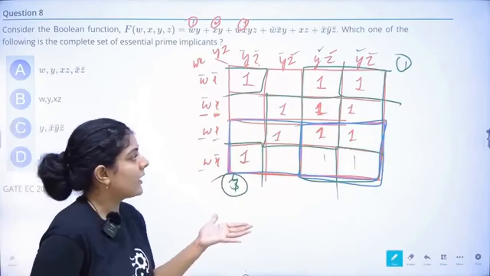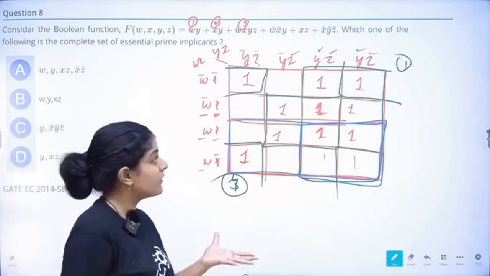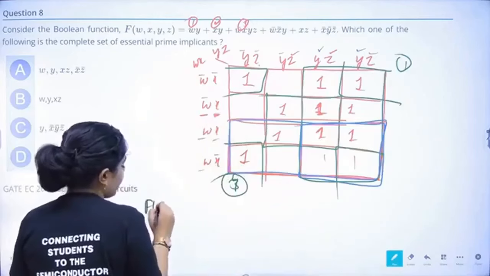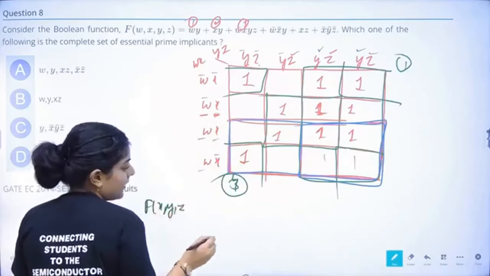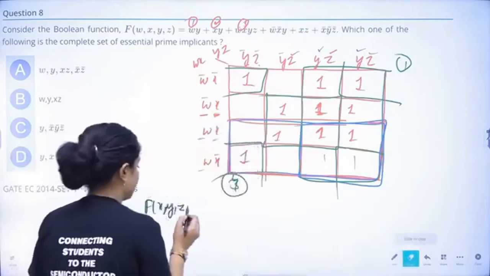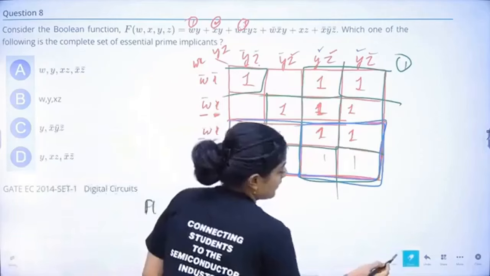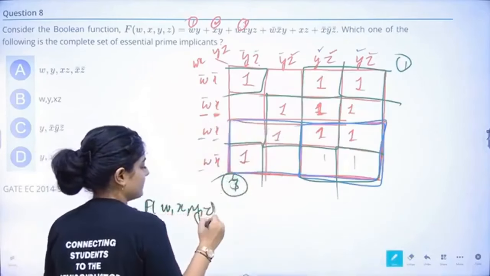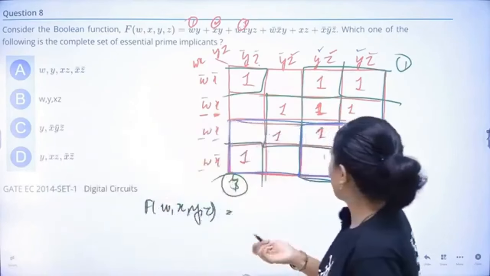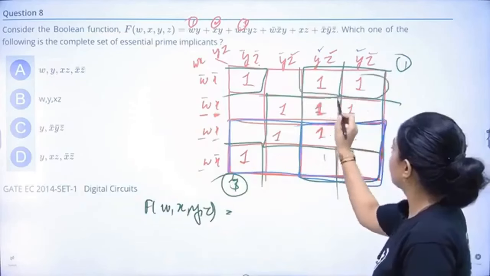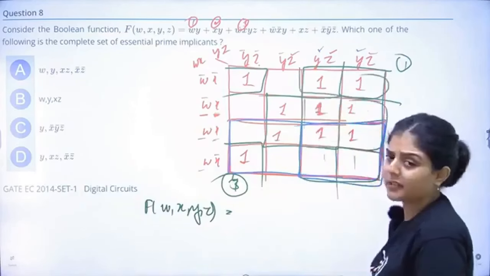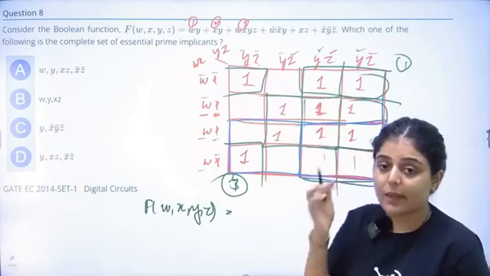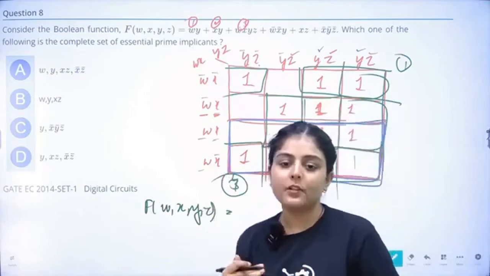There can be many prime implicants from this, but essential prime implicants are these only. Prime implicants can be this quad, this pair, but essential prime implicants means maximum.